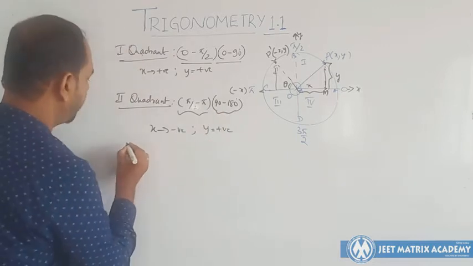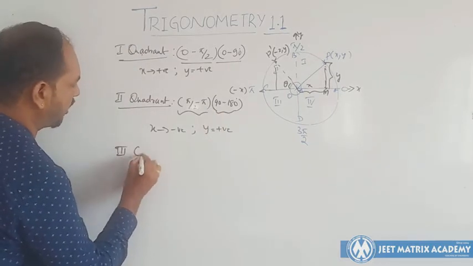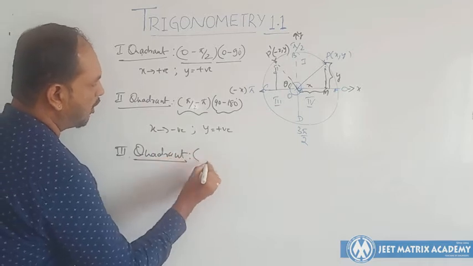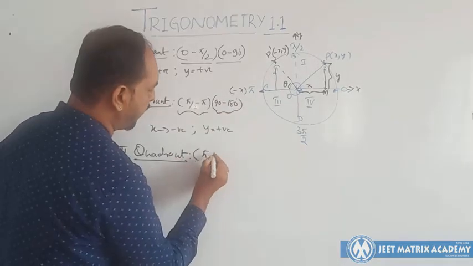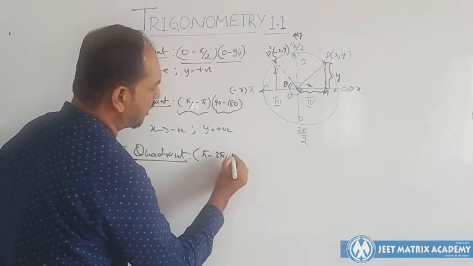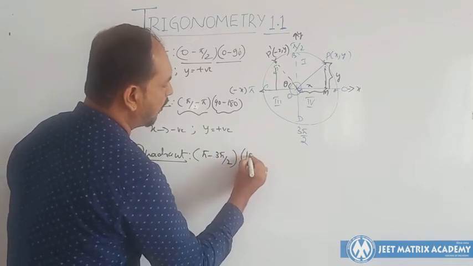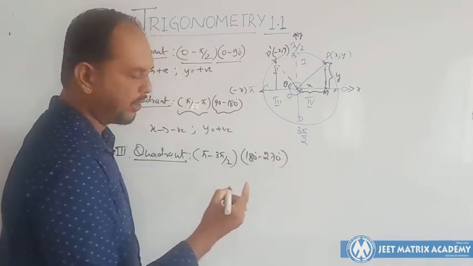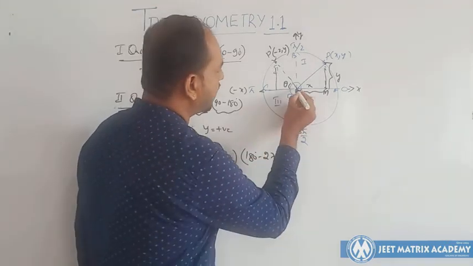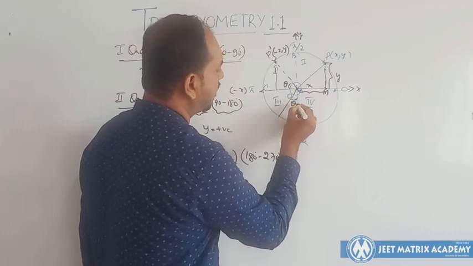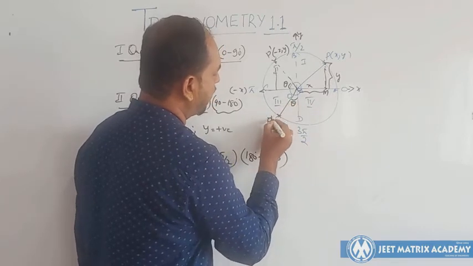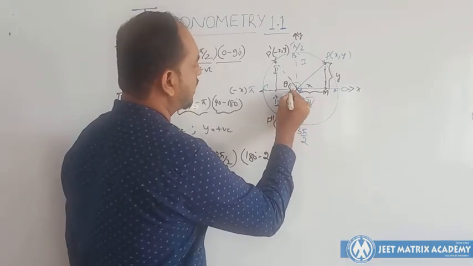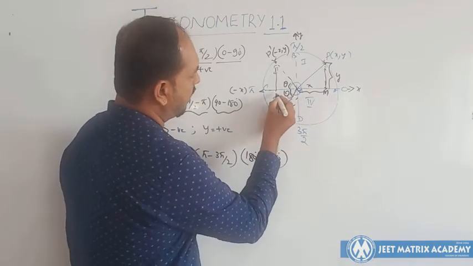Am I right? Now looking at the third quadrant. It is between pi and 3 pi by 2, or 180 degrees to 270. Now you see the same theta, with P double dash. How can you say this?